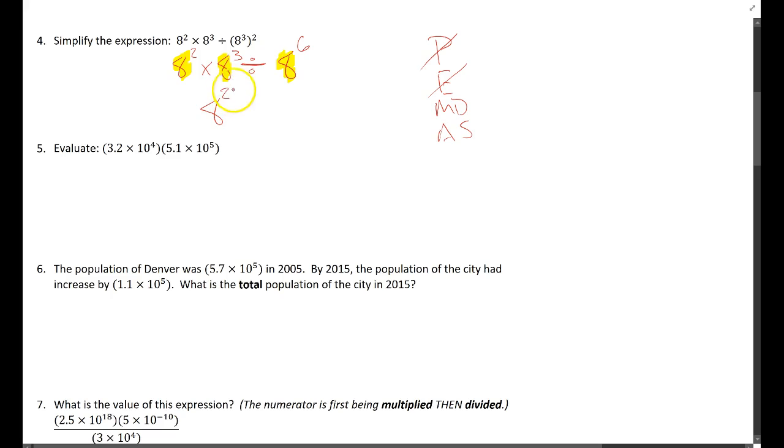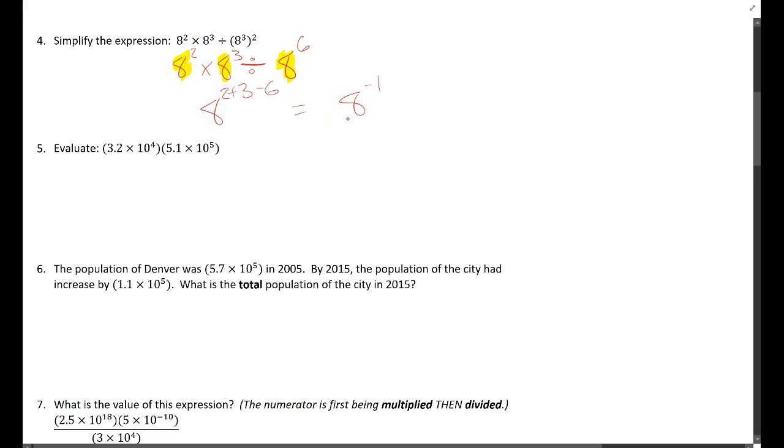And I'm going to say 2 times means plus, 3 divided by means minus 6. What that means is I have 2 plus 3 is 5 minus 6 is negative 1. So I have 8 to the negative 1.